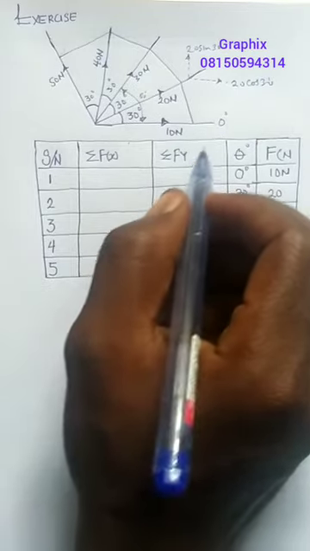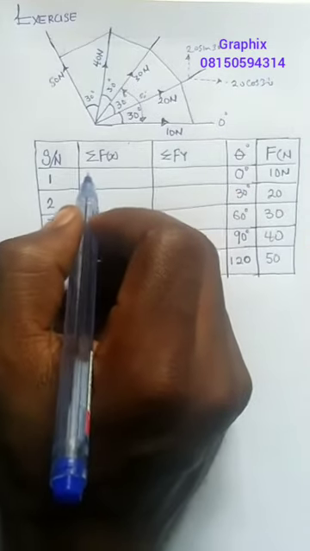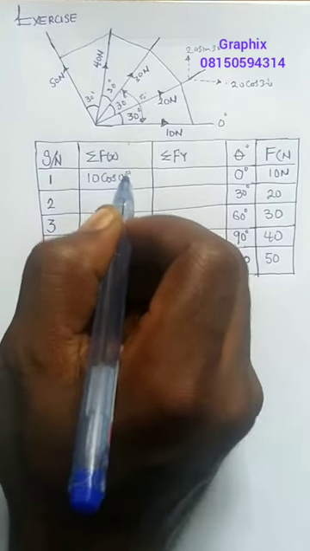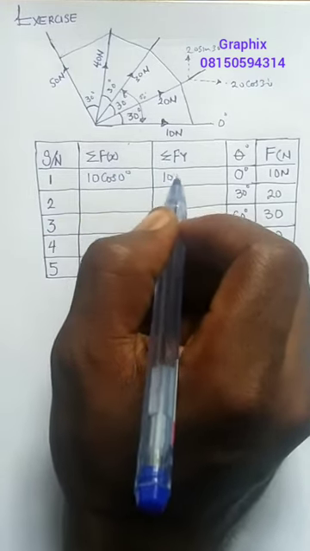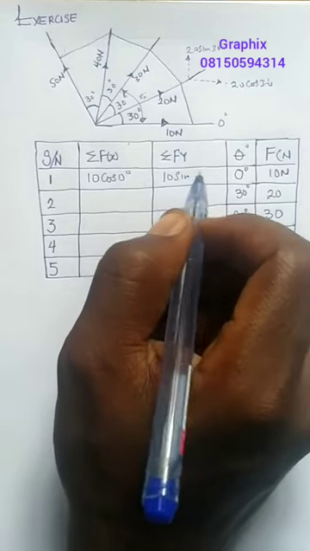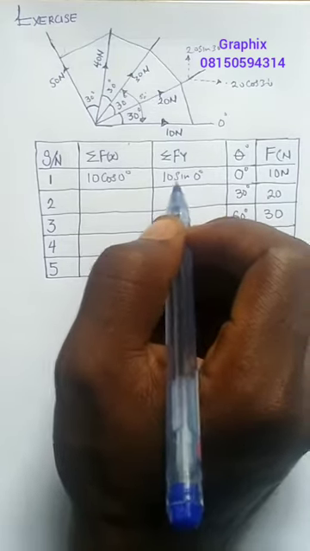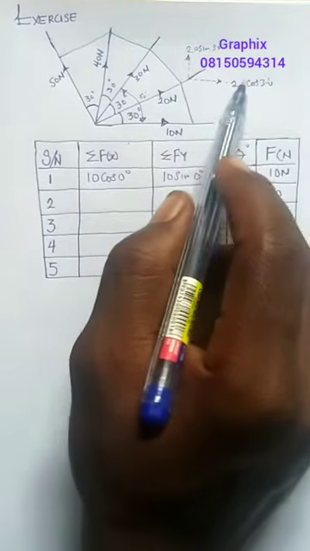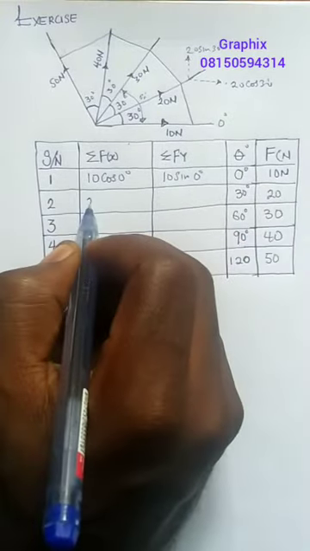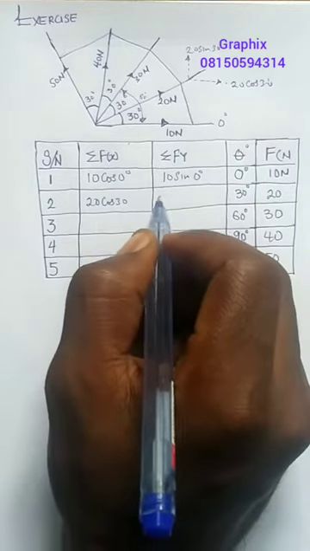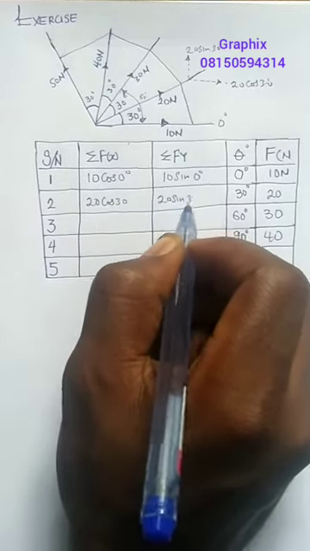So for the horizontal, we're having 10 cos 0 degree and 10 sine 0 degree. So for the second force, which is 20, for the horizontal we have 20 cos 30 and 20 sine 30.